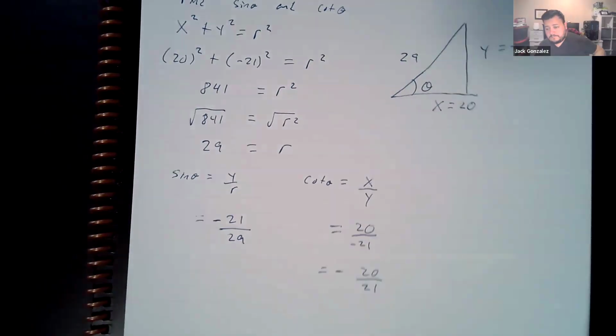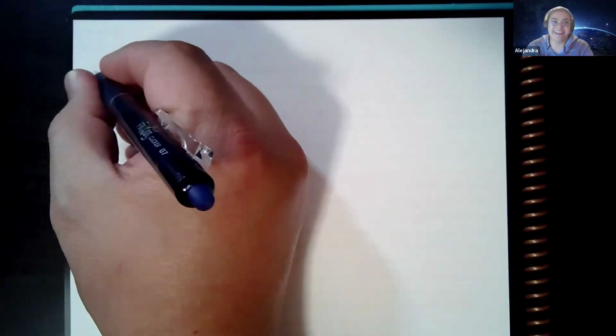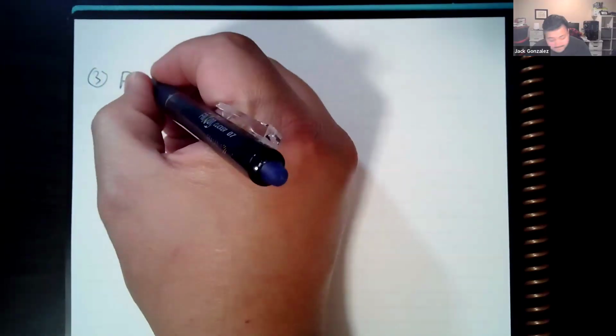If they wanted decimal precision, we would just put it in the calculator. I guess you could do long division, but that'd be weird. I wouldn't do that.